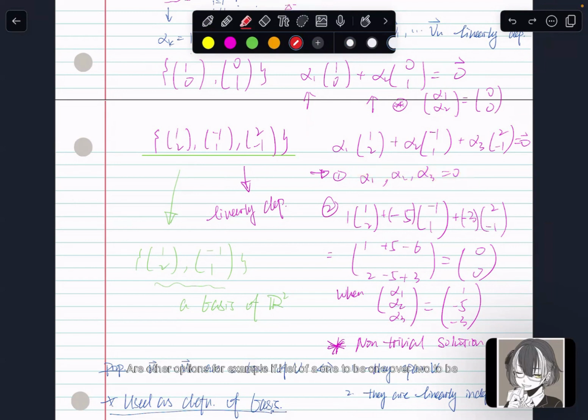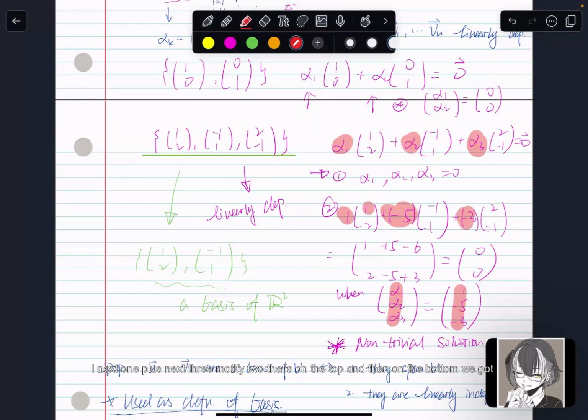For example, if I let alpha 1 be 1, alpha 2 be -5, alpha 3 be -3, then we would also get 1 multiplied by 1 plus -5 multiplied by -1 plus -3 multiplied by 2. That's on the top.